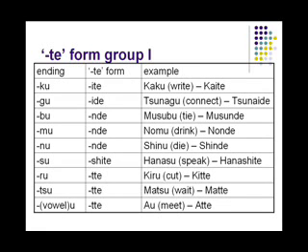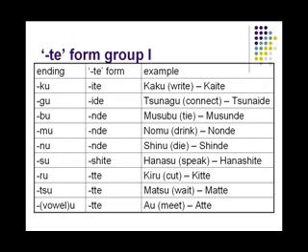The fourth and fifth rows with consonants m and n also result in the te form of nde. Nomu has the consonant m. Nomu means to drink. This becomes nonde in the te form. Shinu has consonant n. Shinu means to die. This becomes shinde in the te form.